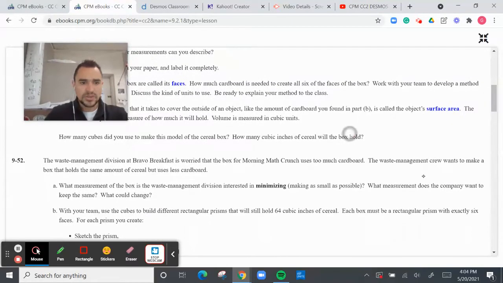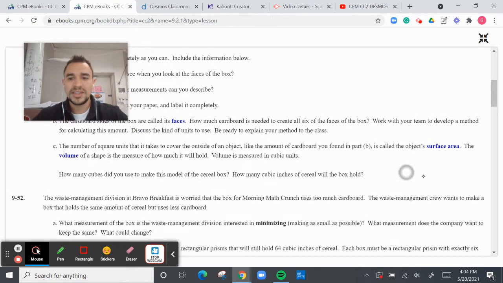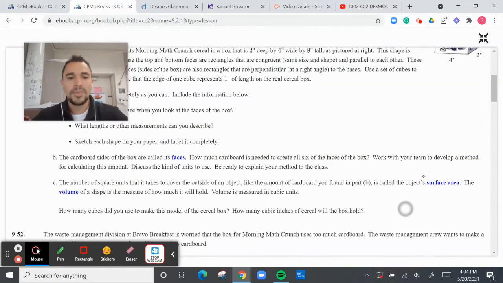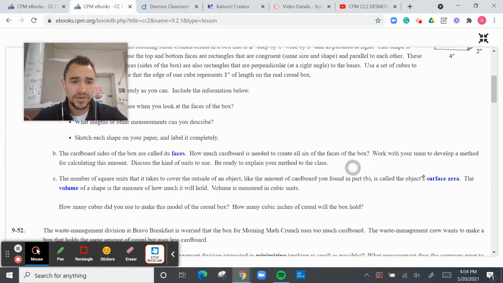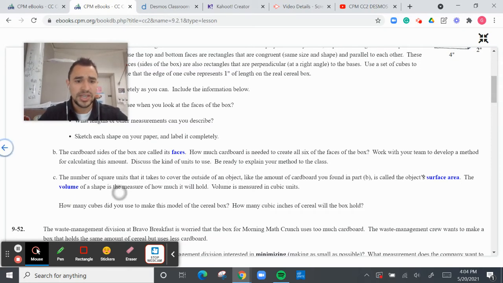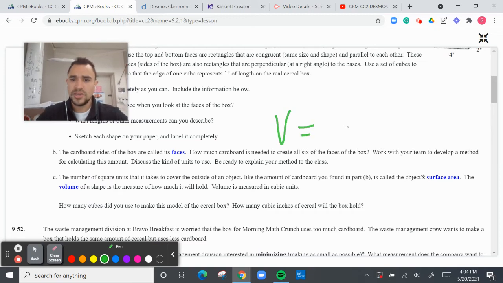The volume. Okay, so how many cubes does it take to make this model cereal box? How many cubic inches of cereal will the box hold? Okay, so now that is more so the volume of everything. So volume is the measure the shape will hold. All right, and in order to get volume, you do length times height times width.